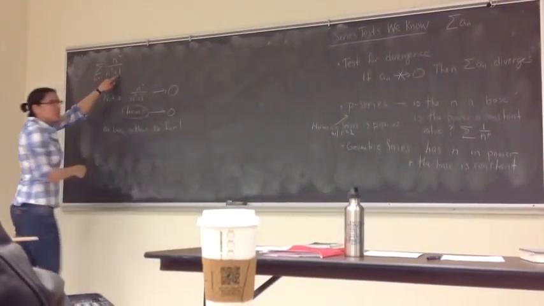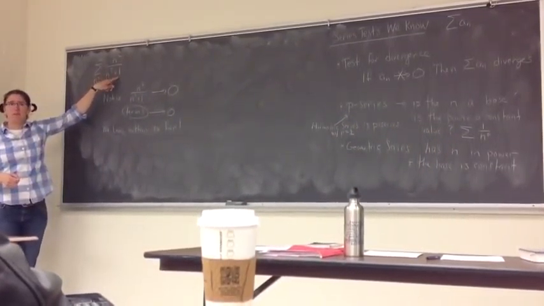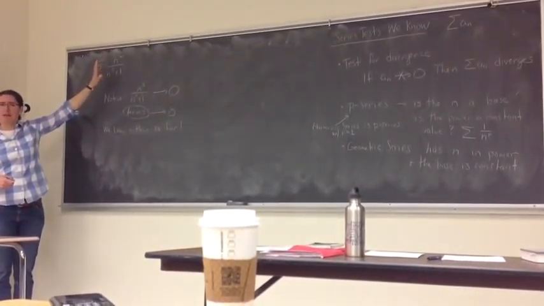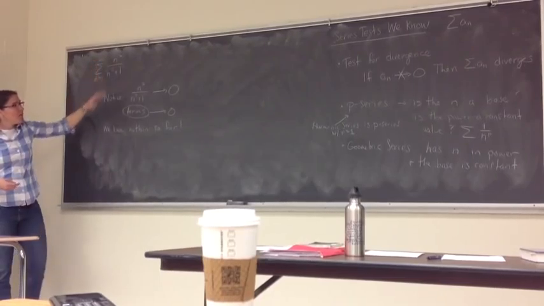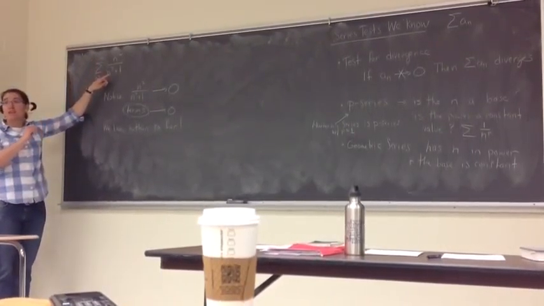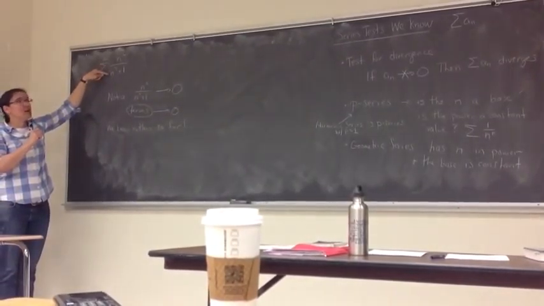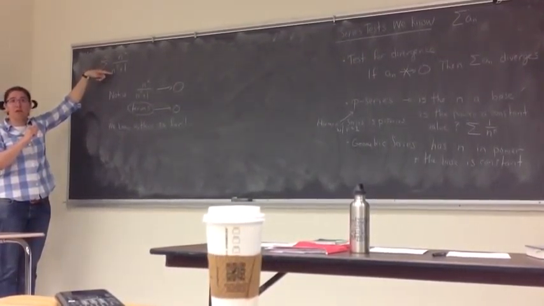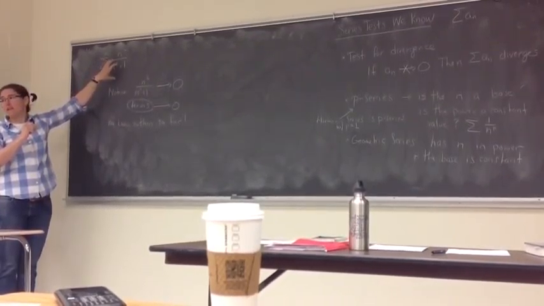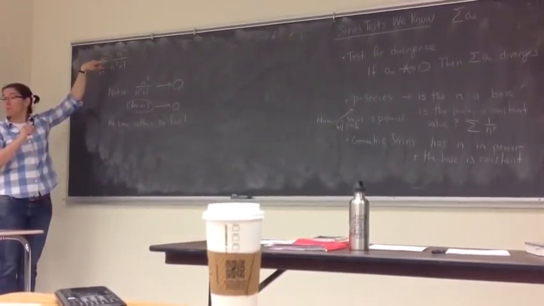There's this +1 down here, but it kind of looks sort of like a p-series. We're going to come back and talk about that in a minute. But because it does not look exactly like a p-series, algebraically, no, I cannot write this as n squared over n cubed plus n squared over 1. That would be illegal algebra, okay? Because I have a plus sign in the denominator, I cannot split this up.